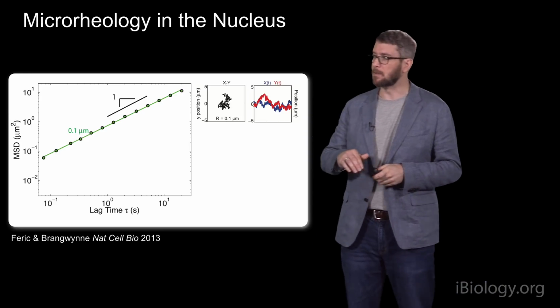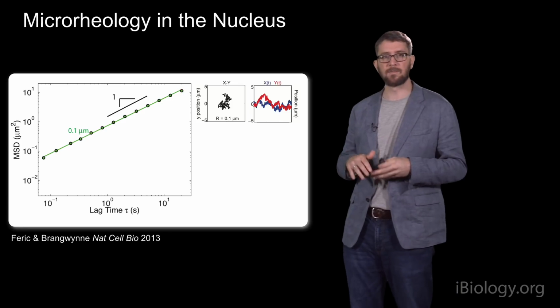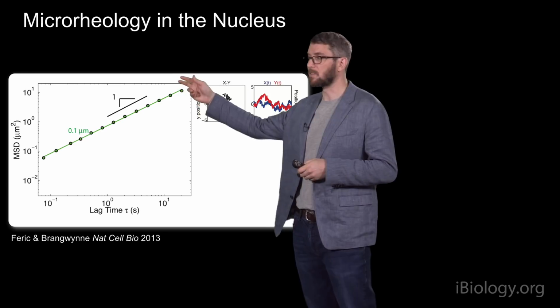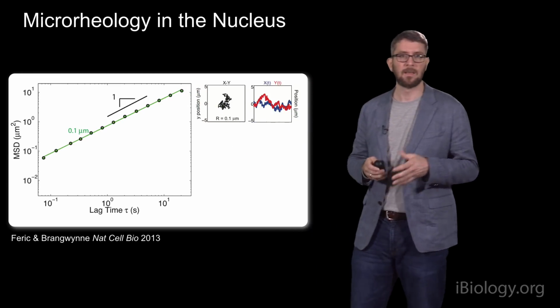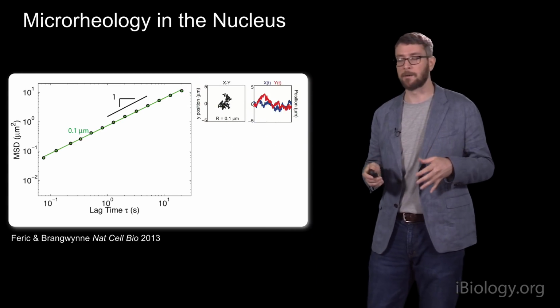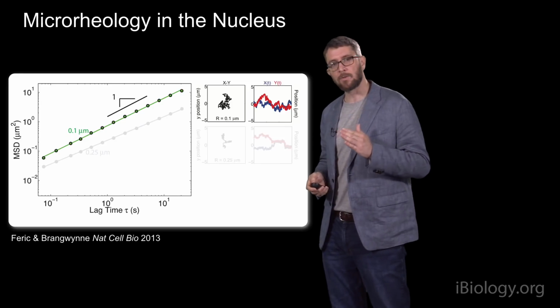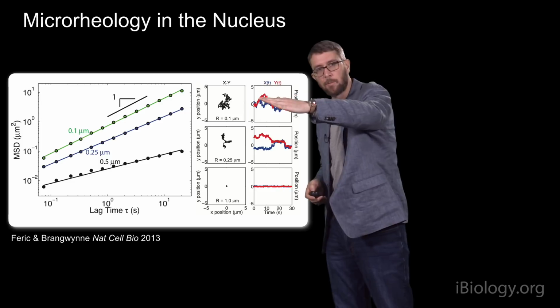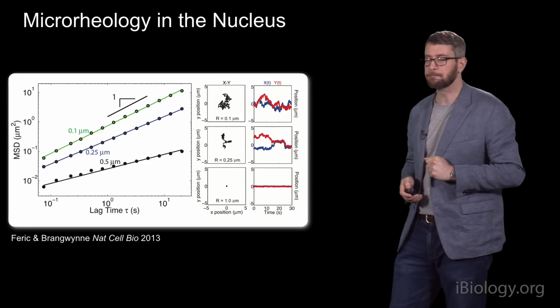So again, if I plot the mean square displacement of these very small beads, just like what I showed you before, you see that there's this linear dependence on the time. So the diffusive exponent here I would call 1. But as we go to larger and larger bead sizes, what you see is that exponent goes down. So the slope of the curve comes down and down and down.